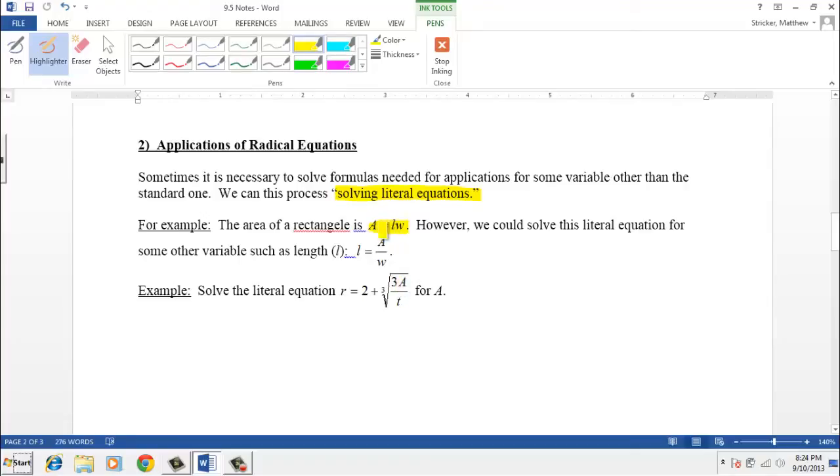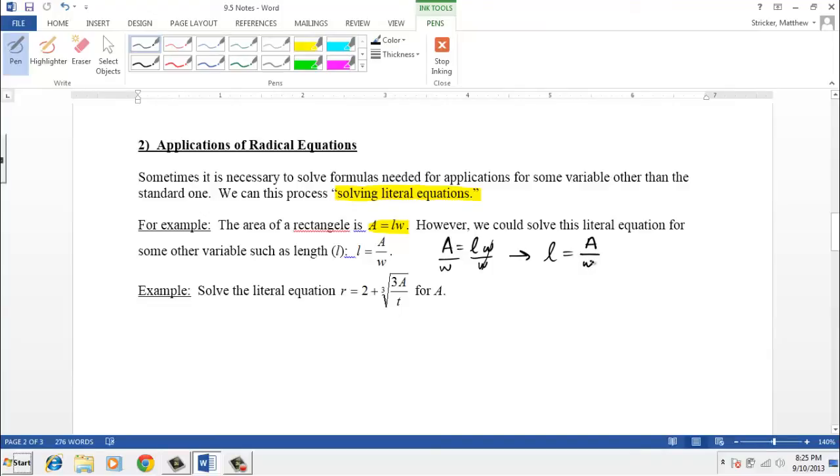For example, we might want to take that equation and solve for L. The way we would do that is by dividing both sides by W. If we took A equals L times W and divided both sides by W, that would get rid of the W's, and it would give us exactly what you see here, that L is equal to A divided by W.